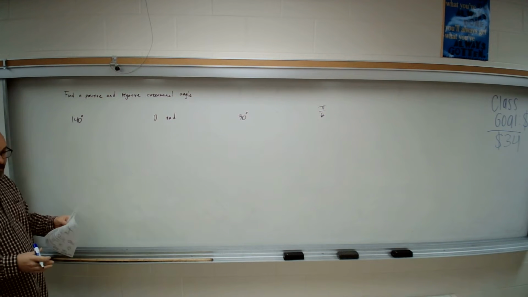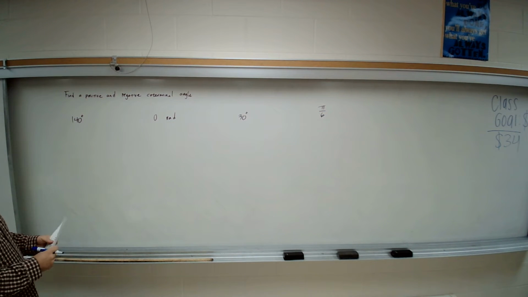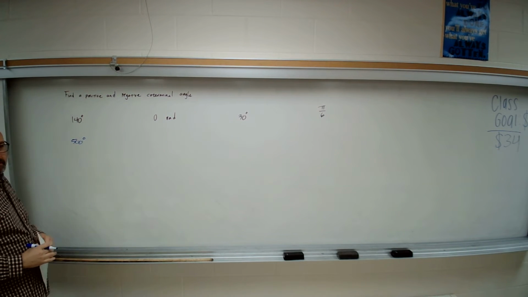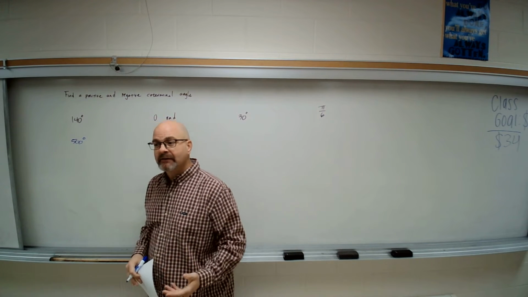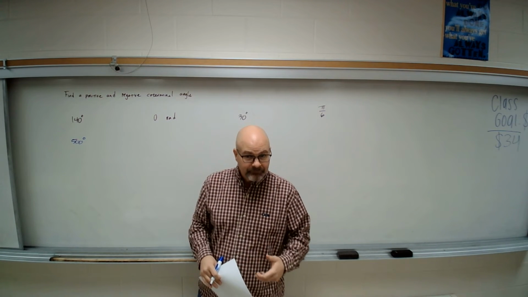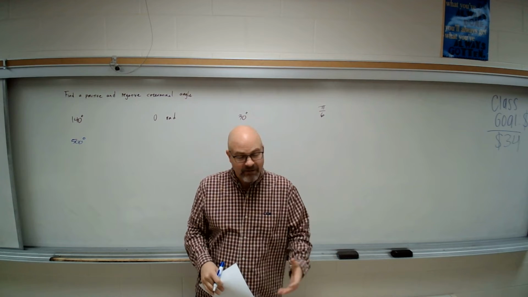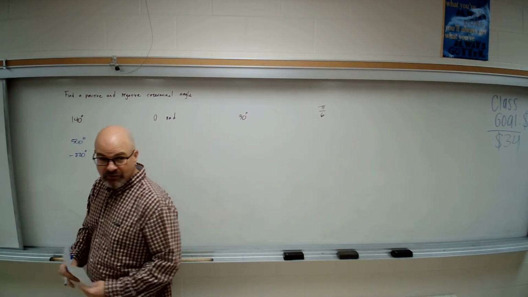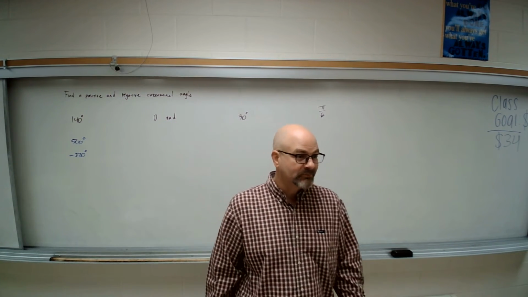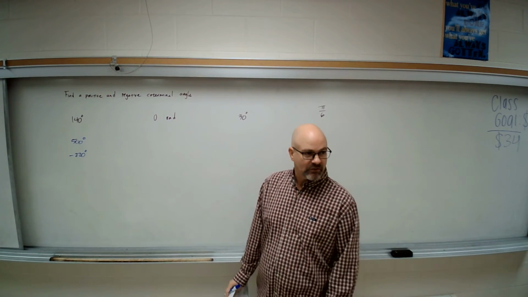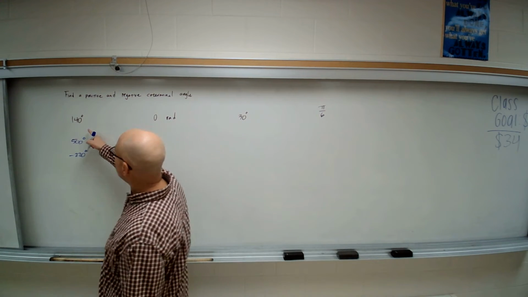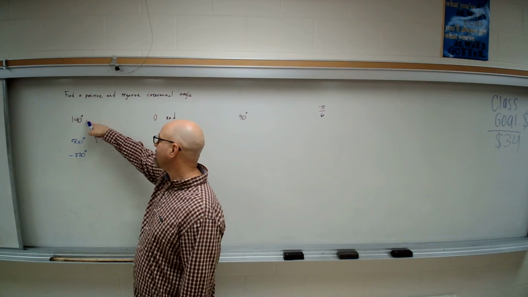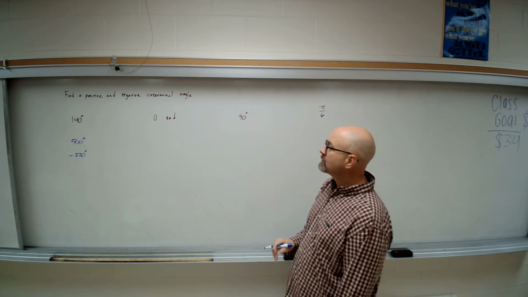You'd add 360, and you'd get 500. Right? And then how would you find a negative coterminal angle? You subtract 360, and you get negative 220. Now, those are not the only two correct answers, but those are the easiest two correct answers, right? They're the closest to it. Again, 140 plus 360 gets you 500. 140 minus 360 gives you negative 220.